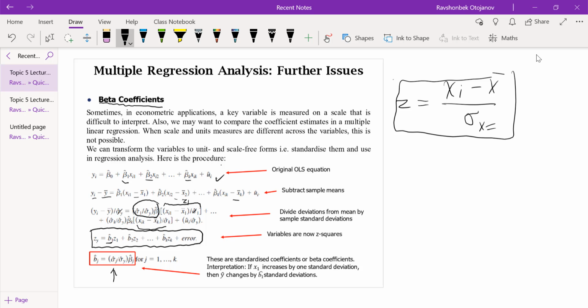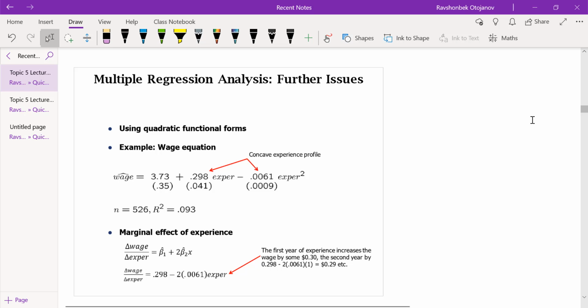So we are interpreting them in terms of standard deviation changes, rather than, let's say, millions or thousands or kilograms or miles. This transformation now allows us to compare the magnitudes of each of these beta coefficients.